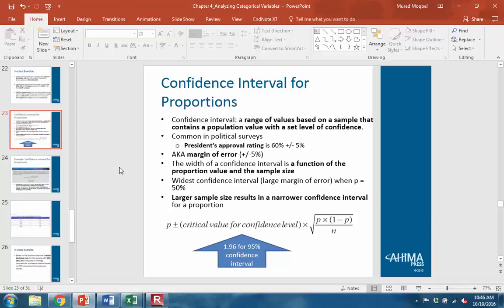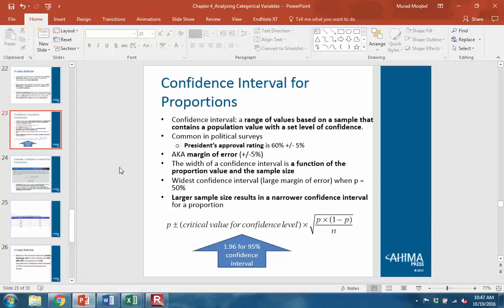For example, President Obama's approval rate is 60% plus or minus 5%. That plus or minus 5% is called the margin of error. That means the true approval rate can range from 55 to 65, because that's plus or minus 5.